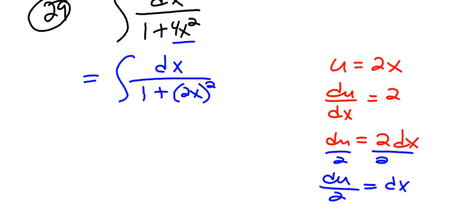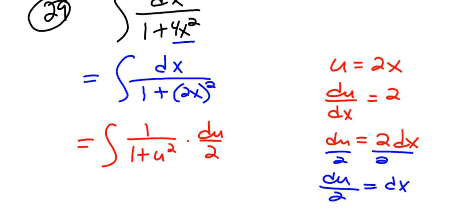I can now do that substitution, my u substitution. So I'm going to have in here my integral du. I'm going to split this apart first. Let's do 1 over 1 plus u squared times du divided by 2.